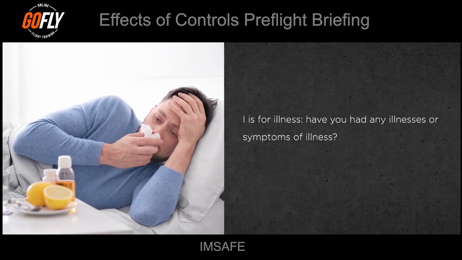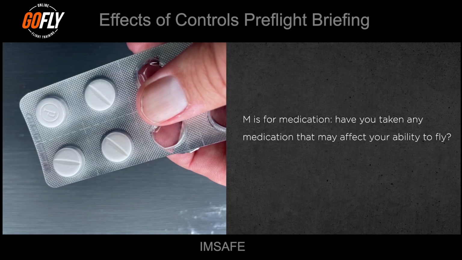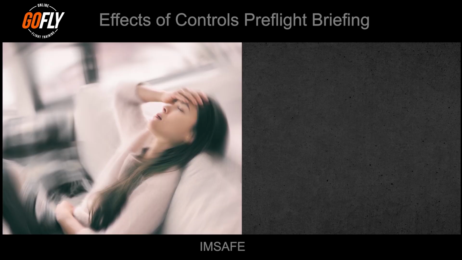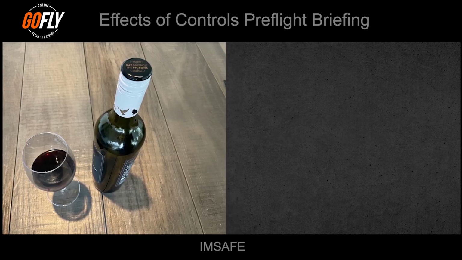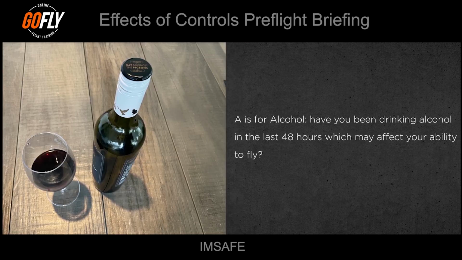I is for illness. Have you had any illness or symptoms of illness lately? M is for medication. Have you taken any medication that may affect your ability to fly? S is for stress. Are you under any stress that could affect your ability to fly? A is for alcohol.